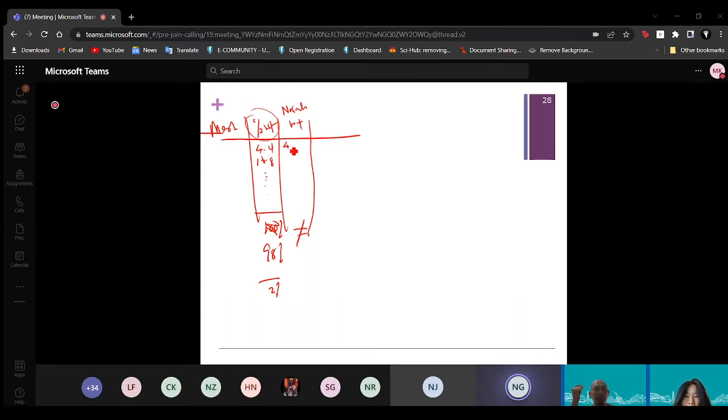All of this, 4.4, you divide by 98, and this 16.8, you divide by 98, and everything will be divided by 98. Then all the percentages here are going to add up to 100%.